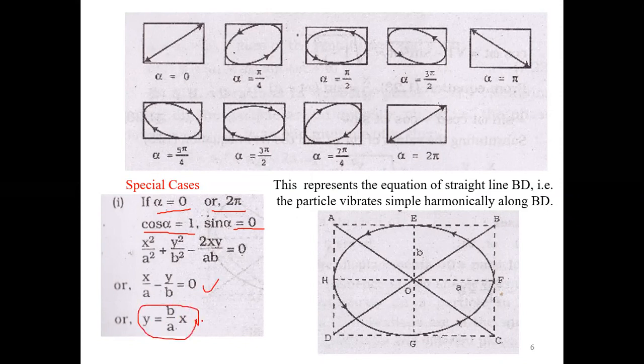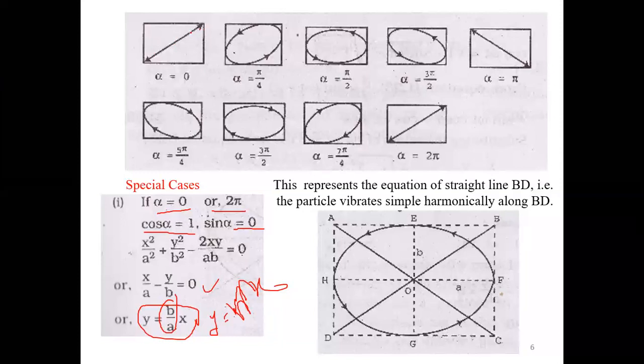This is a simple equation of a straight line, like y equal to mx that you have studied in your college level geometry, and the slope of the line is b by a. So the particle will vibrate along that direction.